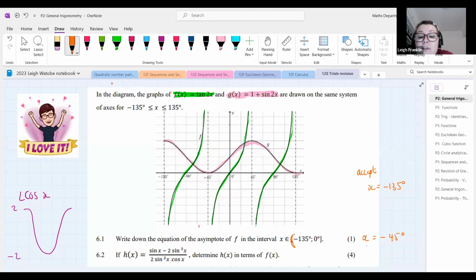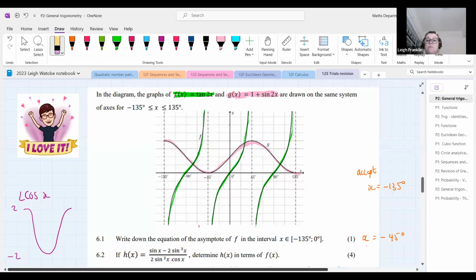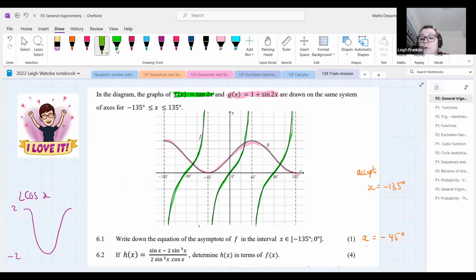Maybe they meant for that to be a round bracket, but it doesn't matter. They just wanted one answer. So let's go with x equals -45. Does that make sense to everybody? It's the equation of the asymptote in this interval. So we would get 1 mark on our answer over there.